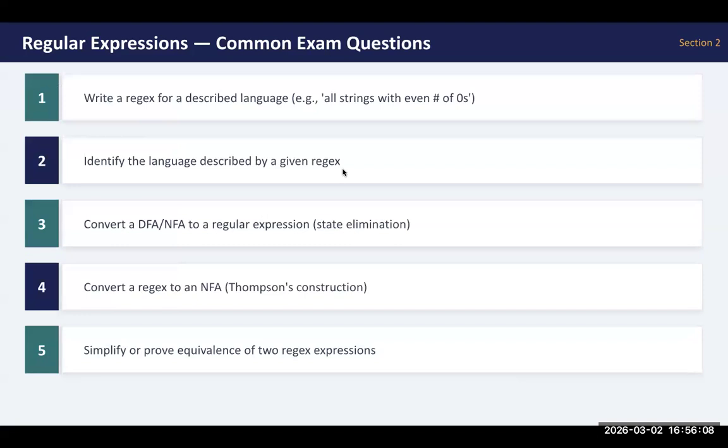And some exam questions that you can expect to get are: write a regex for or describe a language, so you could get all strings with an even number of zeros; identify the language described by a given regex; convert a DFA or an NFA to a regular expression, basically eliminating states; convert a regex to an NFA.